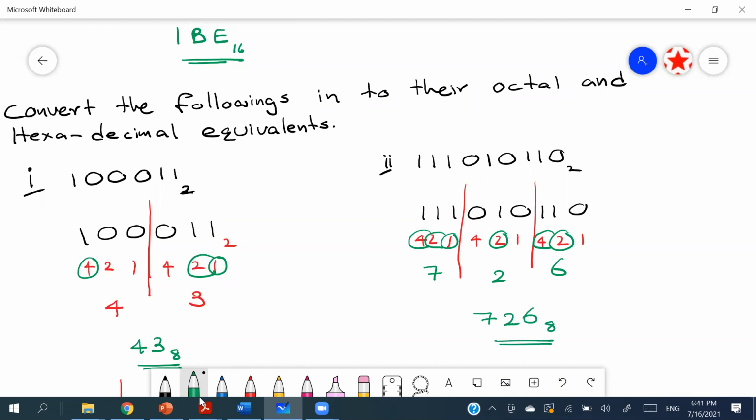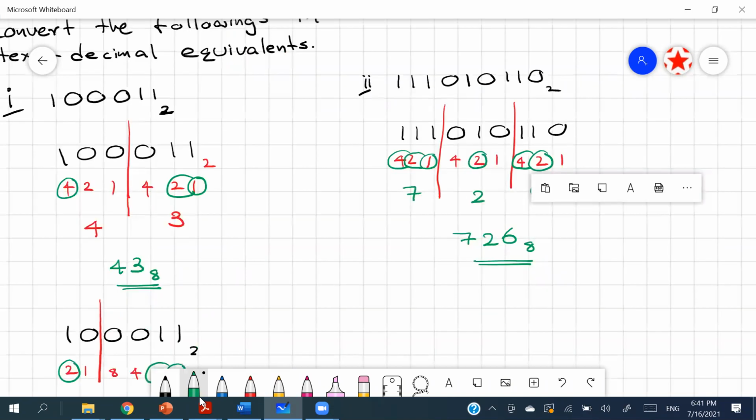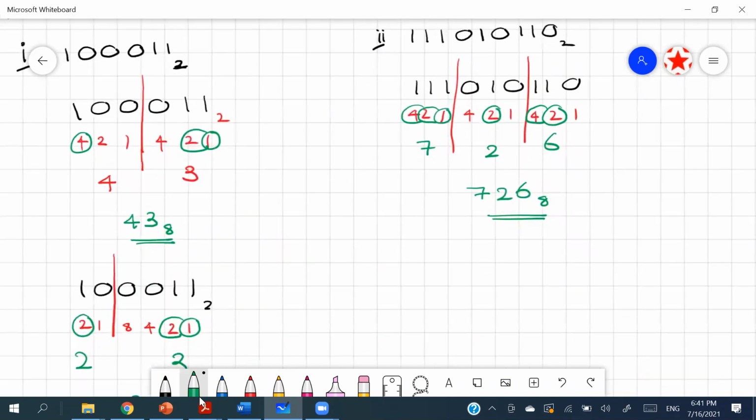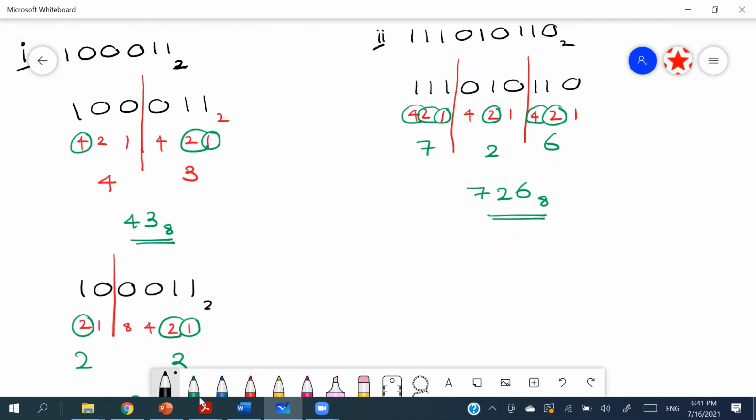Simple as that, right? If you are converting this into hexadecimal, it's again 1 1 1 0 1 0 1 1 0. The separation happens like this, in groups of 4 bits.